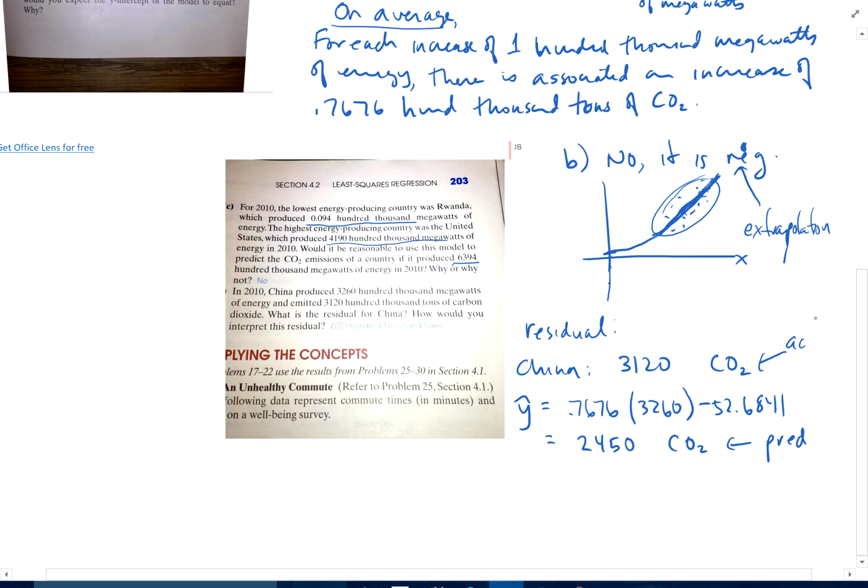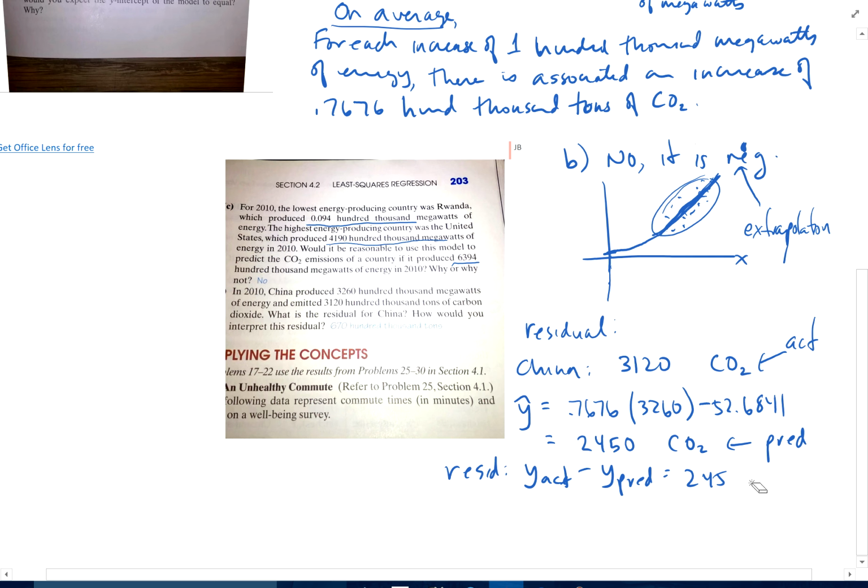This is the actual. So they're producing more than our model predicts. That's the residual. The residual is the y actual minus y predicted. So it's 2450 minus 3120.